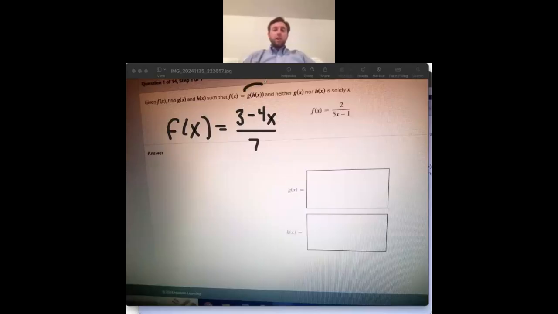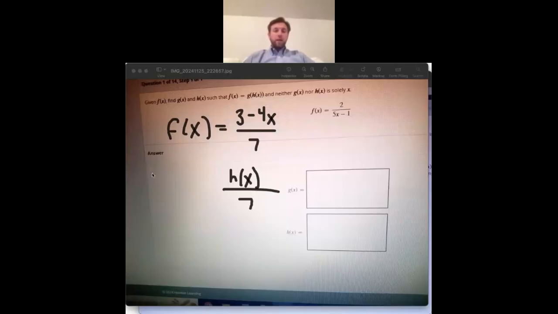We want to write it as g of h of x, so h is the inside function. We're going to make the numerator h of x. We're going to replace that part. So h of x is going to be that top part, 3 minus 4x.